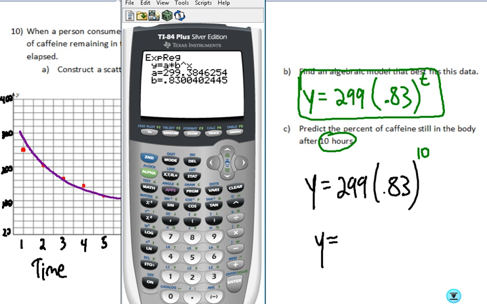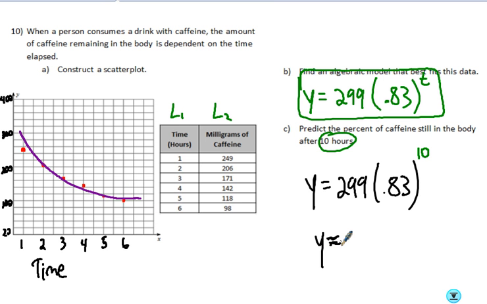I've got 299 times 0.83, raise the roof to the 10th power. So I get 46.39. We'll do a little squiggly here because we're estimating or rounding: 46.39 milligrams of caffeine.